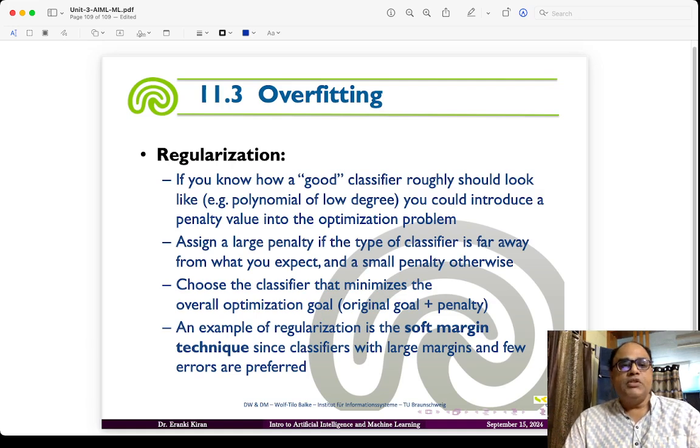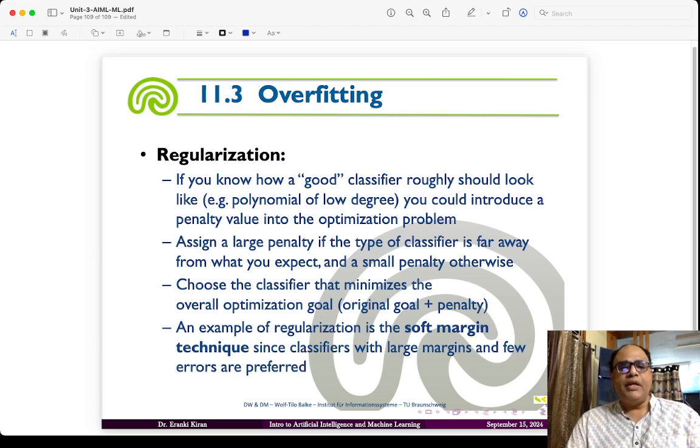The hinge loss that we are discussing can introduce a penalty value which will try to control the margins of the hyperplane as close as possible, so that the hinge loss can be controlled. Assign a larger penalty if the classifier is far away from what you expect, and a small penalty otherwise. Choose the classifier that maximizes the overall optimization goal, because optimization will help us improve the performance of the classifier.